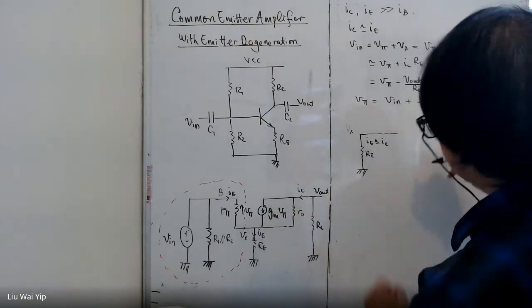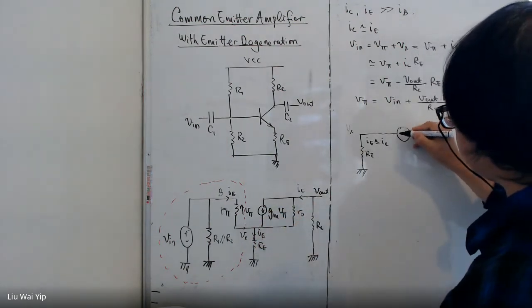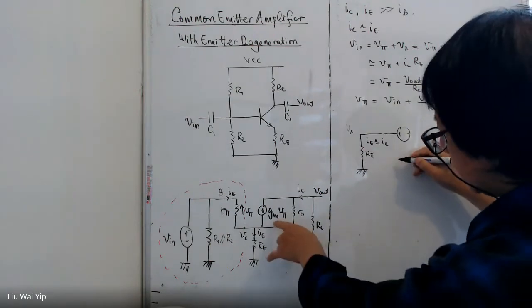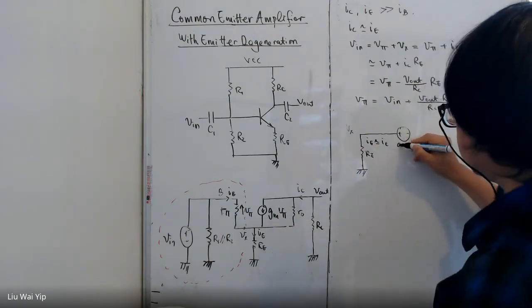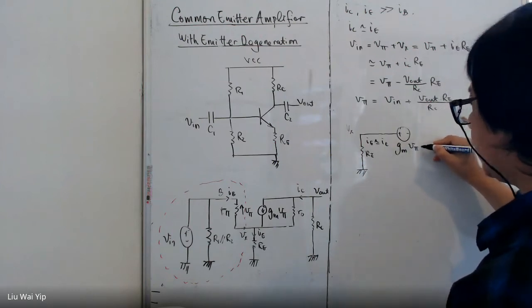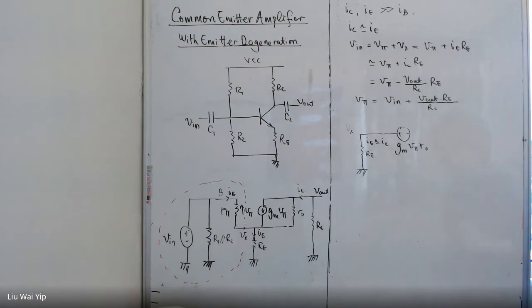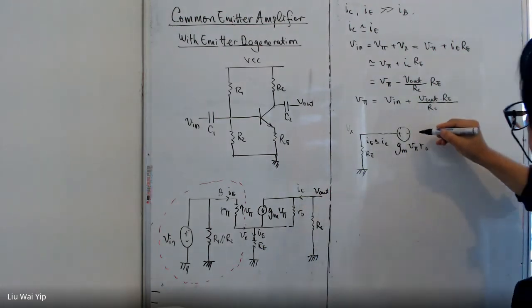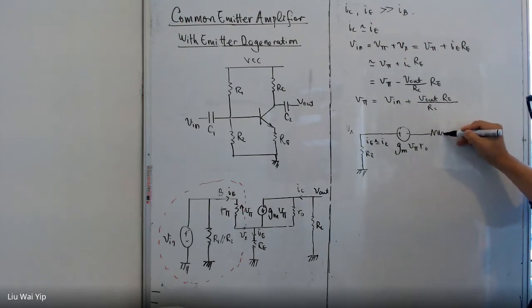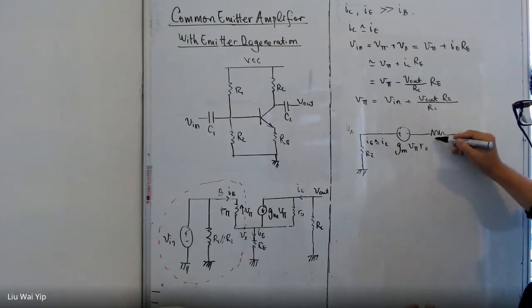This one and this one, you will end up with a voltage source equal to gm V pi times ro. And then you have a resistance, ro, here.